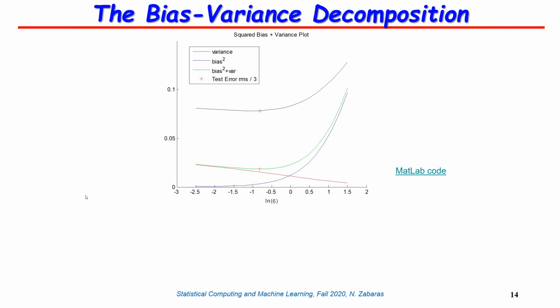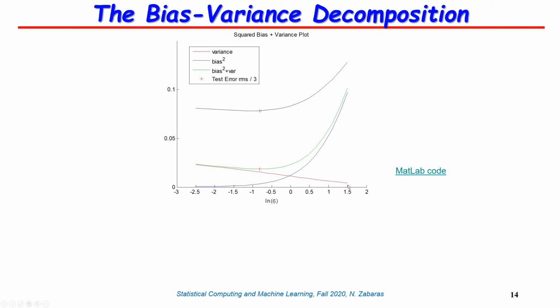When lambda is very small, you remember the case when we were fitting our 10 data points with a polynomial of 9th order. The polynomial was very wiggly, so we had very high variance. That's what we have here. But when we average over data sets, the bias is very small.